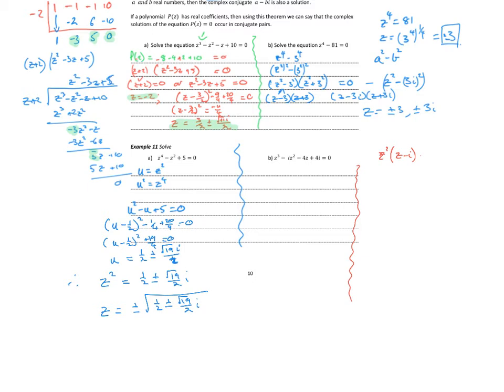And then if I take a negative 4 out the front of the second term, that also leaves me with a z minus i. And now I get z minus i, z squared minus 4 is equal to 0. So I get z is equal to i, z is equal to plus or minus 2.